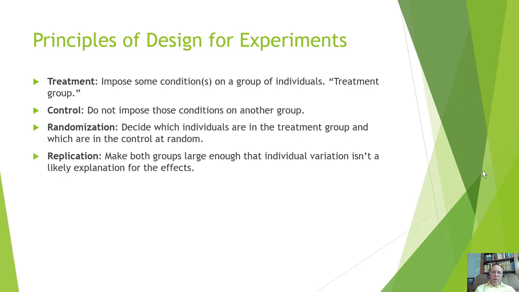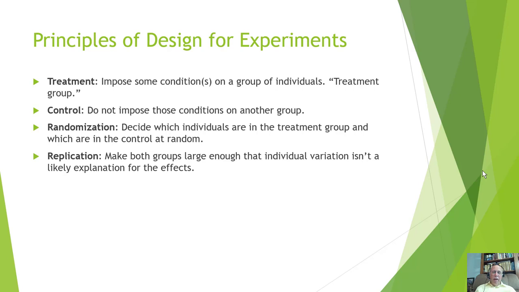First of all, there must be a treatment. You must impose some condition on the group of individuals known as the treatment group. There must also be a control group. You do not impose those conditions on the other group. Thirdly, a good experiment must always implement the principle of randomization.